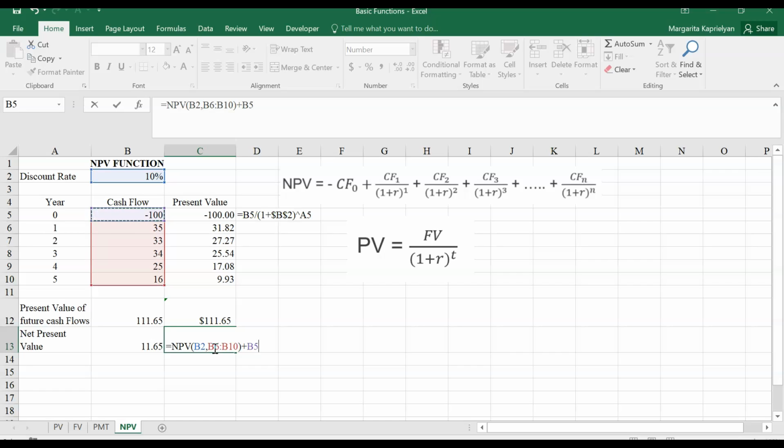And that's how we use the NPV function in Excel. So again, the NPV function in Excel calculates the present value of future cash flows. So we have to use this function to do that. And once we close the parentheses and finish our function syntax, then we add in the initial outflow, as long as it's, of course, already specified as a negative. If it's not, then you would deduct.